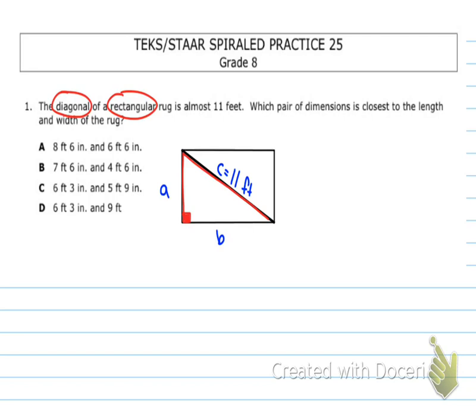What you're supposed to see here is that there's a right triangle, and I have given you side C, the hypotenuse. What you're looking for, length and width, A and B, are the legs. This is a Pythagorean Theorem problem. This is where A squared plus B squared is equal to C squared.